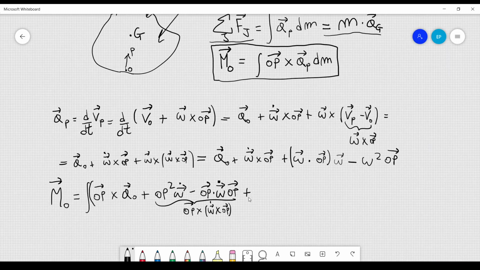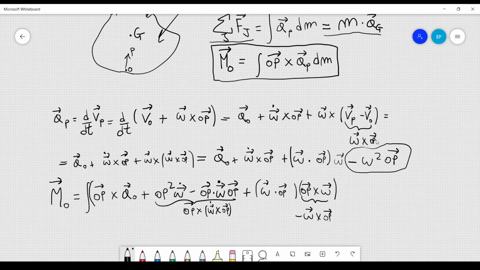Plus, then here you have OP cross this. So you have omega dot OP, OP cross omega, which you can also rewrite as minus omega cross OP due to simple properties of the cross product. And then finally, I have OP cross this.